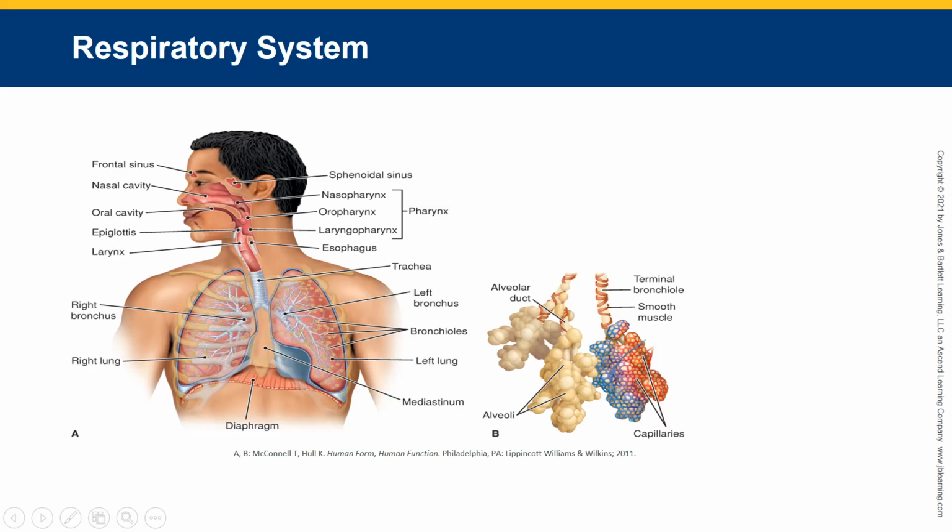And then as the bronchioles get smaller and smaller, they'll come to the end and there'll be these little air sacs. We call those the alveoli. They're air-filled sacs, obviously. That's why we call them air sacs. And they are where the gas exchange actually happens in our lungs. So that's the basics of it. We're also going to look in a few minutes at this little structure here called the diaphragm.